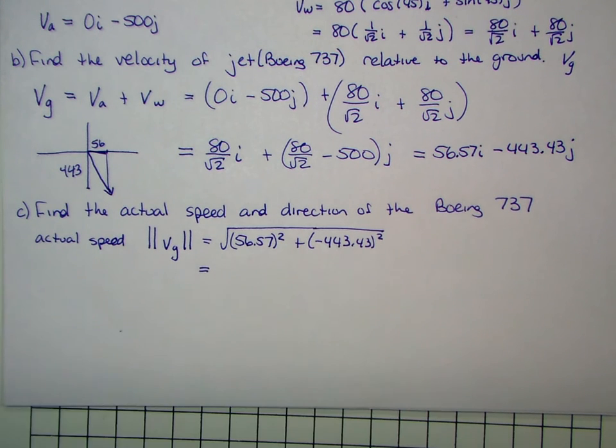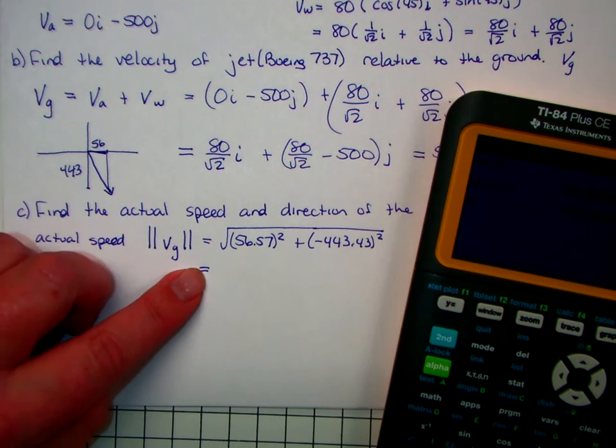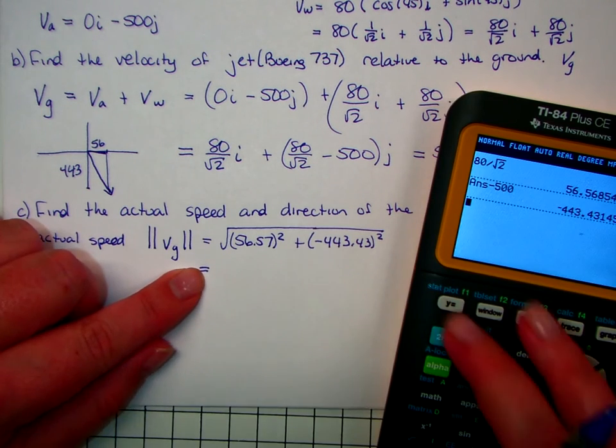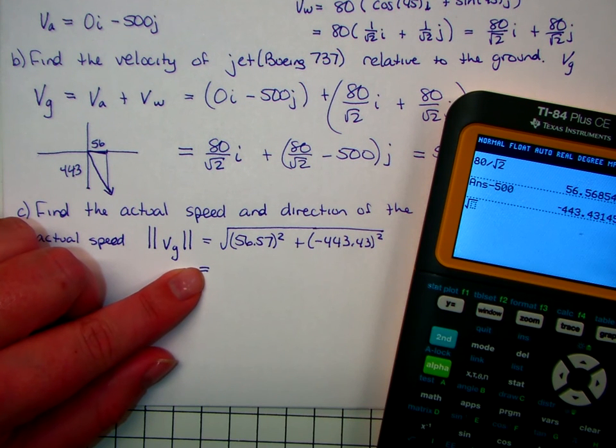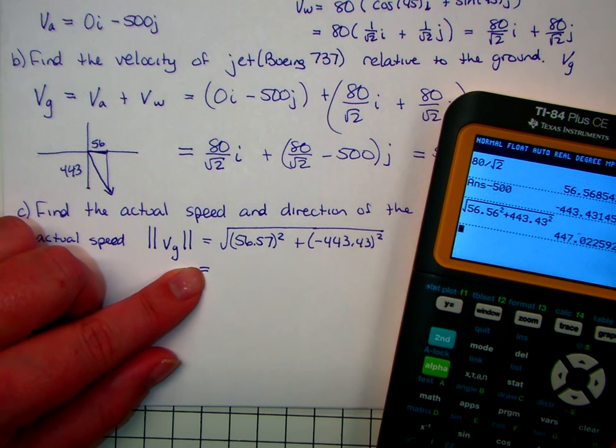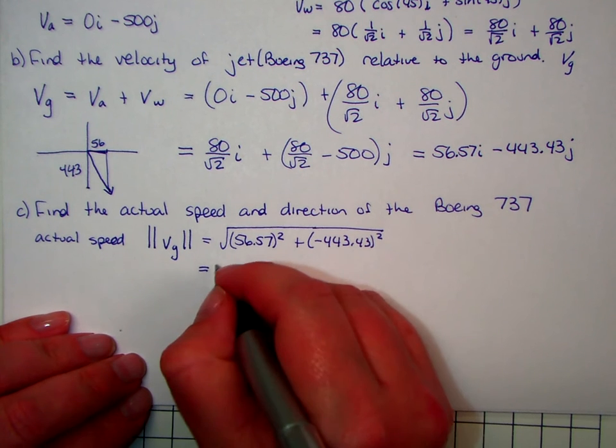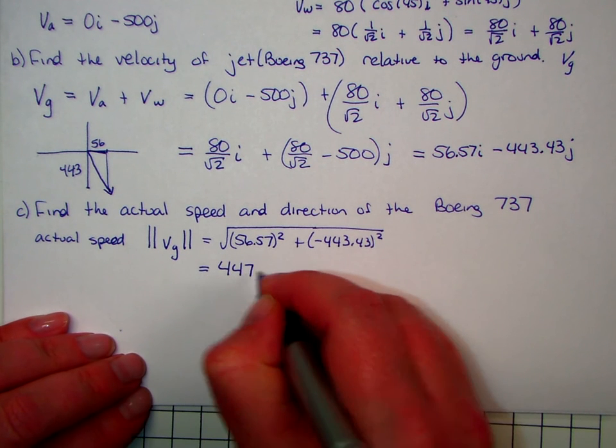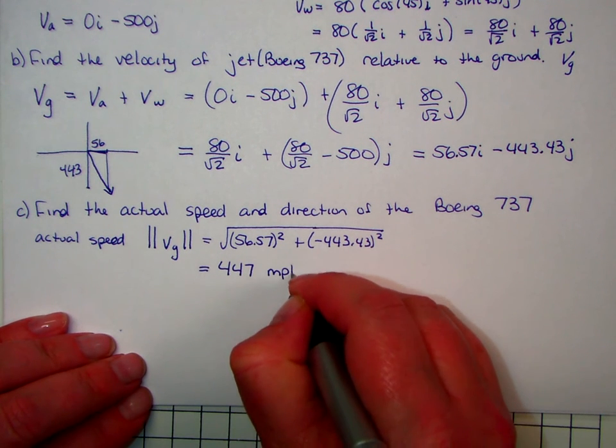And I'm just going to use decimals here, I don't need to be too exact. So the square root of 56.57 squared plus 443.43 squared is going to give us a magnitude of 447.02. So I'm just going to do 447 miles per hour.